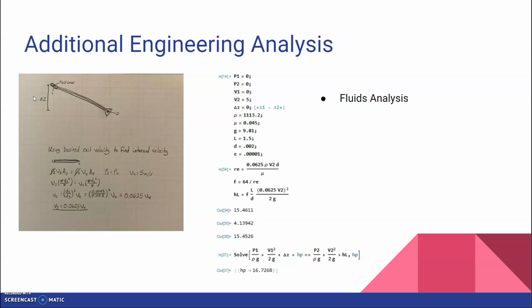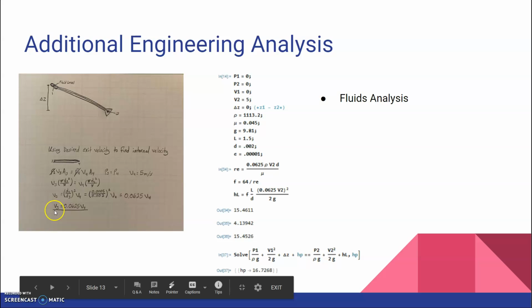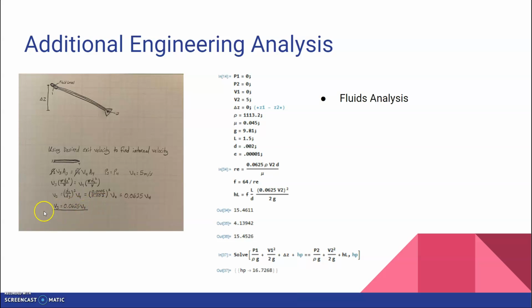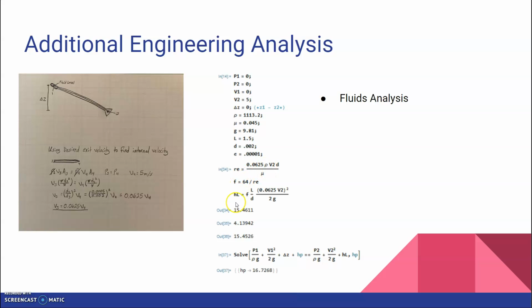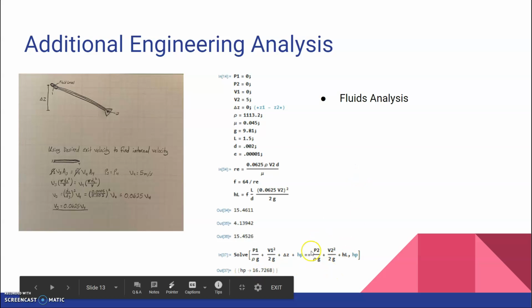And initial calculations were performed to figure out the velocity inside of the tube relative to the nozzle velocity in order to perform the head loss calculations. And the Reynolds number, friction factor, and head loss were all calculated so that we could solve for the pump head, and that came out to be 16.7 meters.